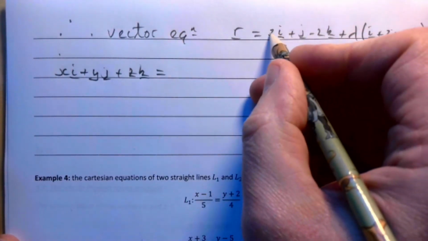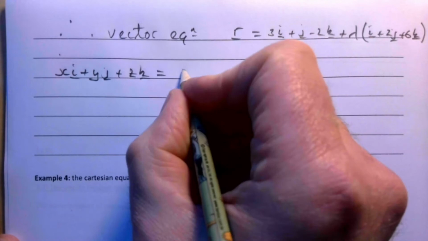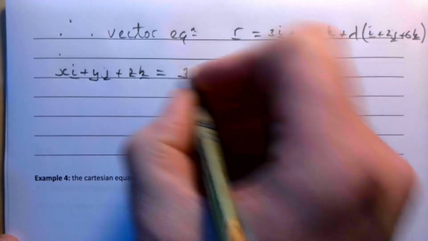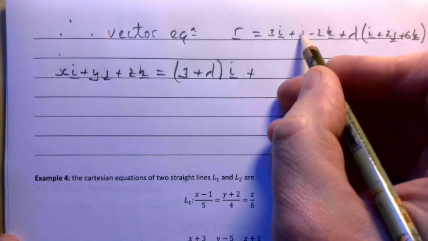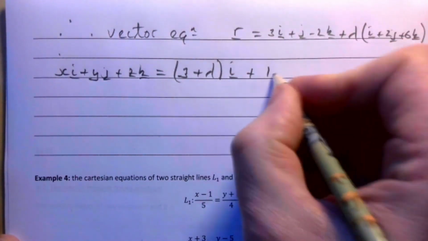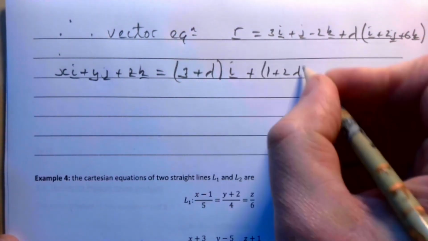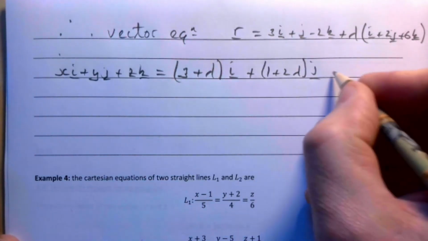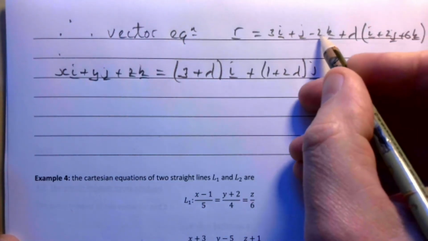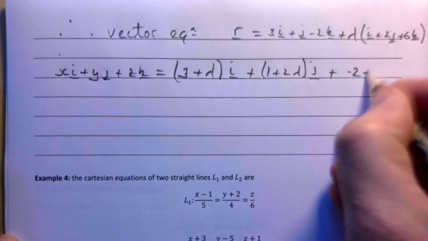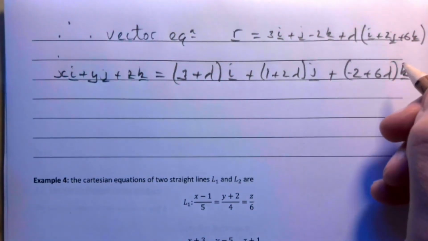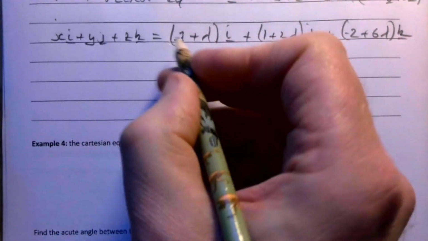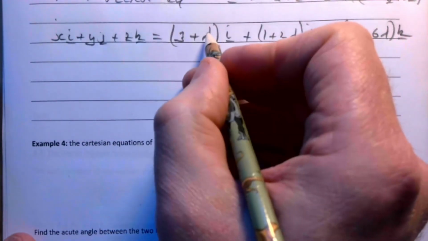So we're going to have (3 plus lambda)i, (1 plus 2 lambda)j, (minus 2 plus 6 lambda)k. And then I can rewrite these each in terms of lambda. Well, let's do it out separately first.